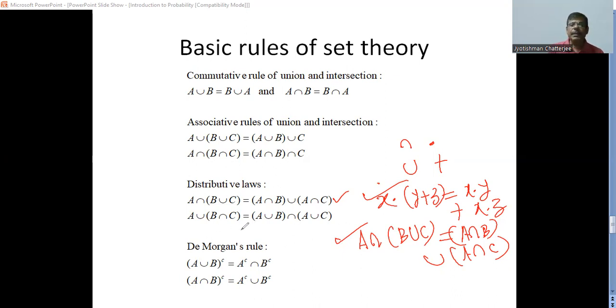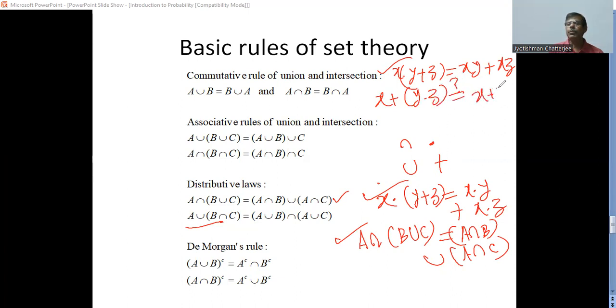However, here there is a little diversion from our rules in the known algebra of numbers. Although this one holds good, that is x into y plus z is equal to xy plus xz, what about this? x plus y dot z, is it equal to x plus y dot x plus z?